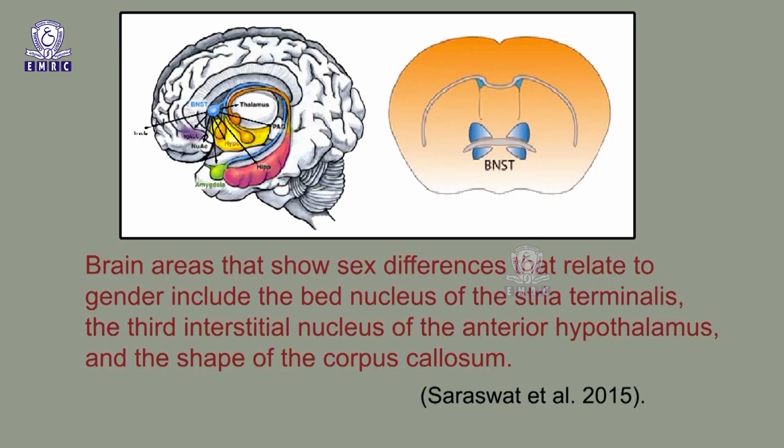Let us now try to understand sex differentiation and brain functioning. Brain areas that show sex differences that relate to gender include the bed nucleus of the stria terminalis, the third interstitial nucleus of the anterior hypothalamus, and the shape of the corpus callosum. At puberty, the brain circuits that have been organized prenatally are activated by sex steroids, hence the term activational effects.